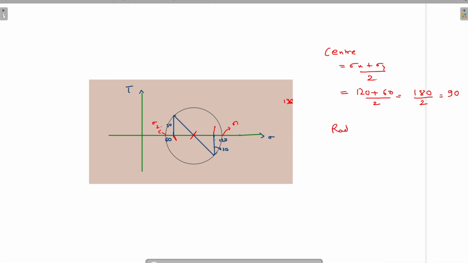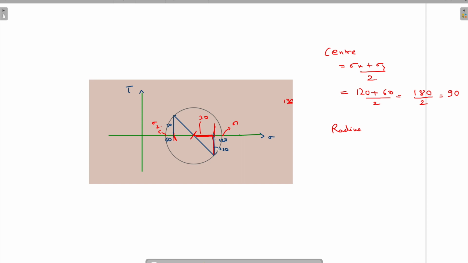How much is the radius? We can find it by using the Pythagoras theorem in this triangle. So how much is this line from here to here? It is (120 minus 60) by 2. So 120 minus 60 is 60, by 2.